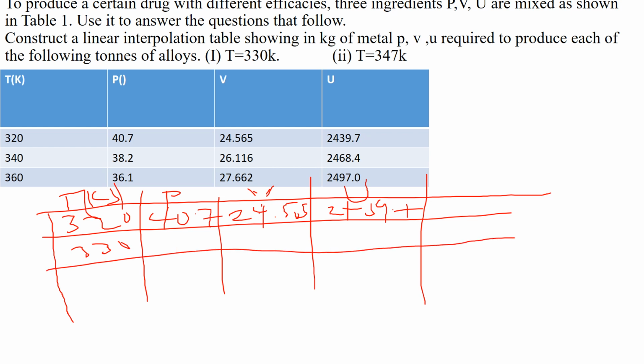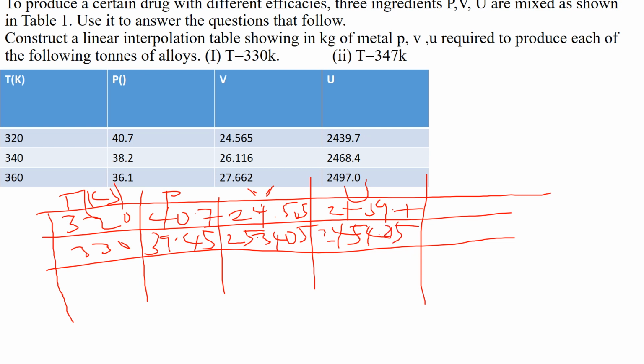The next one is 330. At 330, remember we have calculated these to given values. The first one here is 39.45, and then the other one is 25.3405, and then the other one is 24.5405.